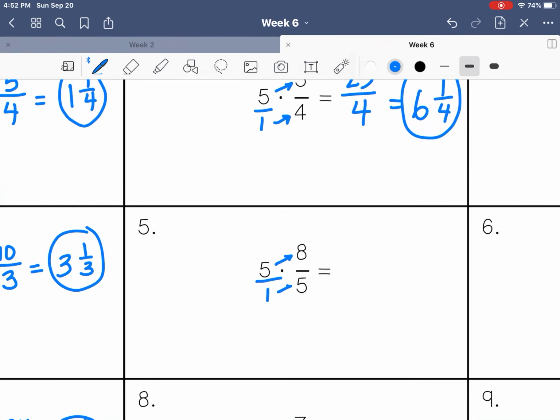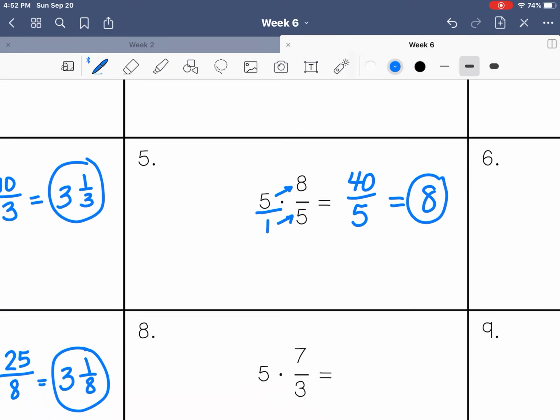Multiply numerator times numerator, denominator times denominator. 5 times 8 is 40. 1 times 5 is 5. 5 will go into 40 8 times evenly, so that simplifies into a whole number.